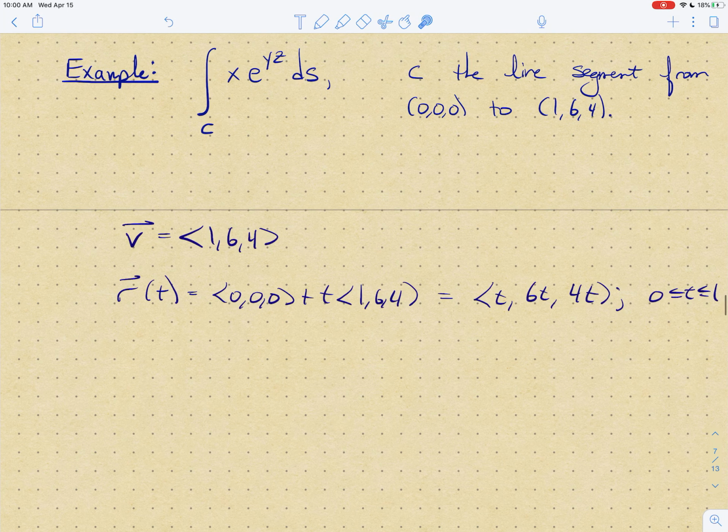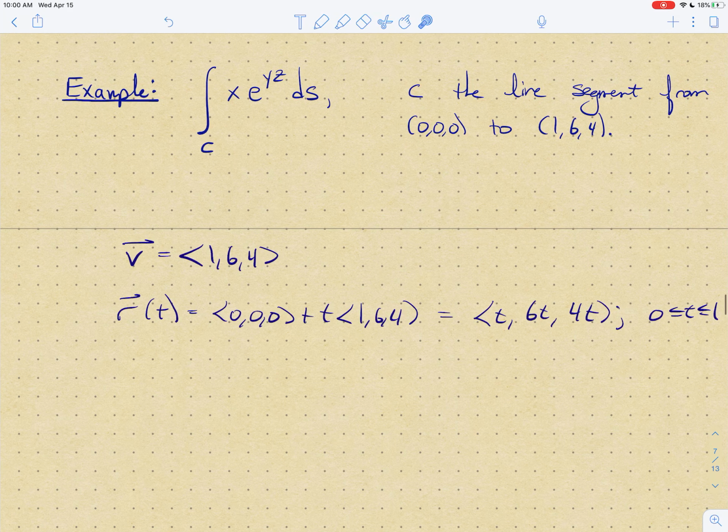Now we need to go ahead and work out the integral. Remember the formula with respect to arc length: I know that ds is going to become the length of r prime dt. So I better compute r prime. And it shouldn't surprise you one bit.